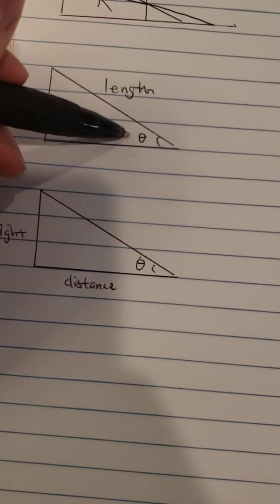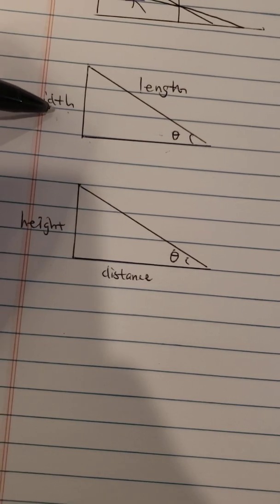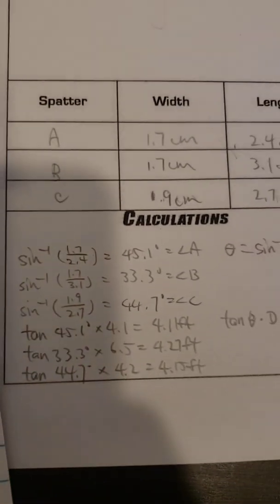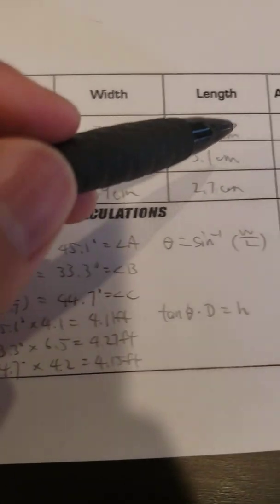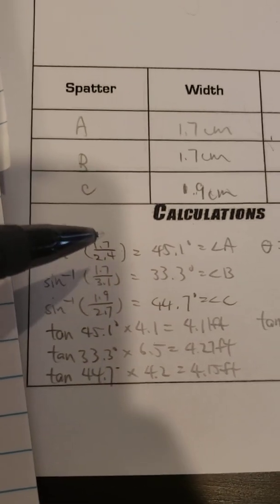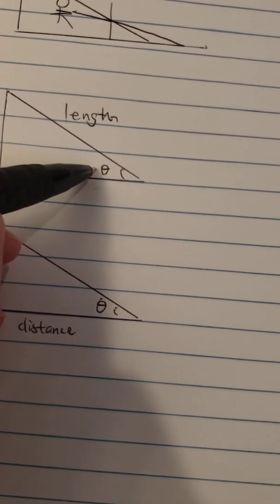So in order to get the theta angle, we would do arc sine of the width over length, which is similar to the calculation right here. So arc sine of the width over the length, and we get the angle, which is right here, the angle of impact.